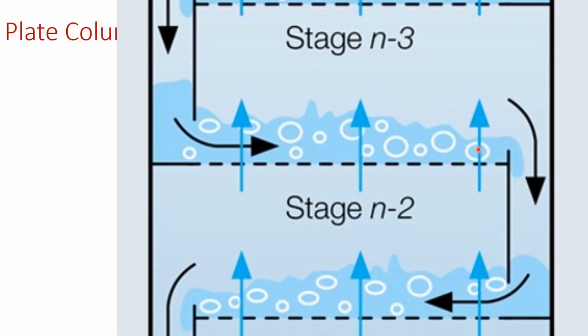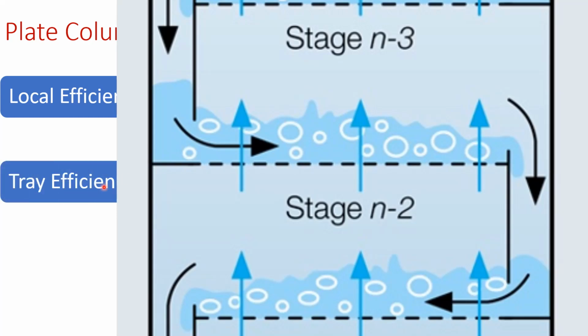This single point efficiency is what's called a local efficiency. Local efficiency is the mass transfer efficiency at a single point on a tray. Then we have to generalize this local efficiency to the whole tray, and this is what's called the tray efficiency.